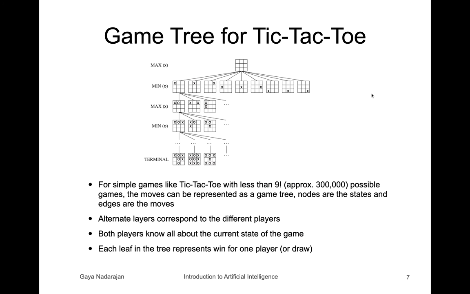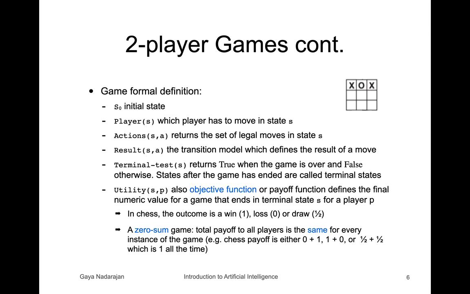Naught can go here, or naught can go here. Naught has basically 6 different options to pick from. This player has 6 different actions. We know all this from the first chapter, the search chapter itself. We know what actions mean.